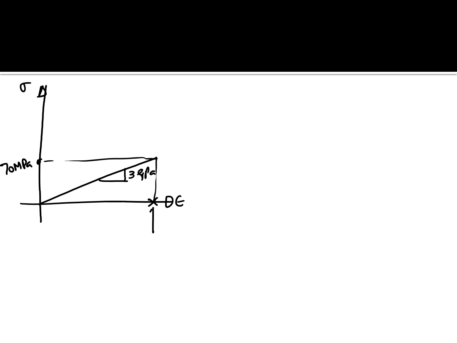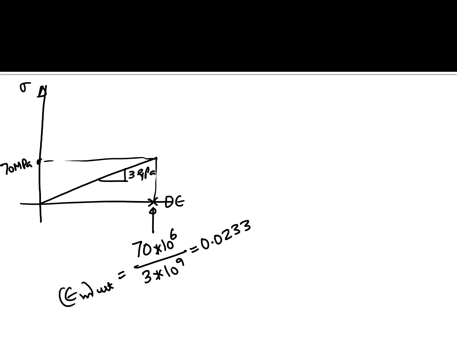What will this number be? It will be the ultimate strength of the matrix divided by its Young's modulus, 3 gigapascals. So that number will be equal to 0.0233. That number is simply the ultimate strain of the matrix.